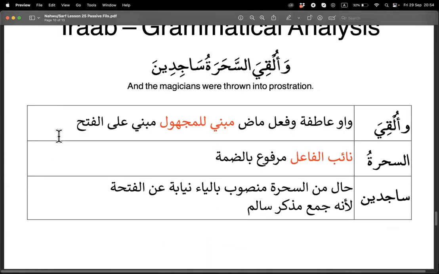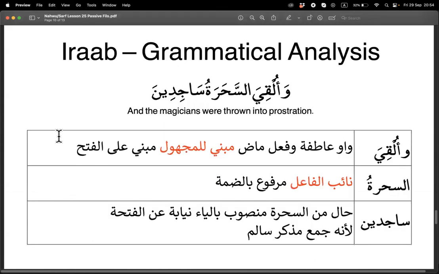And then for the i'rab, basically your fi'il madi and fi'il mudari are the same. Just that you add mabni lil majhul. So here ulqiya, this is our fi'il madi, right? Fi'il madi, huwa. And then as-saharatu here is our naibul fa'il.